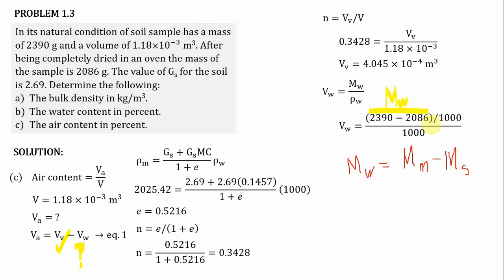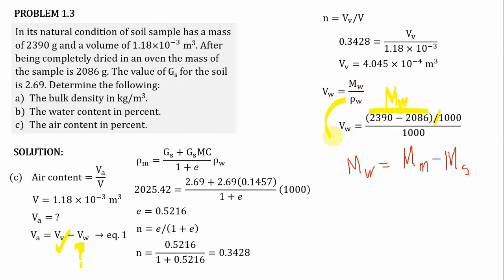Take note that ang unit nito is in terms of grams. So, kung i-convert ko siya into kilogram, i-divide ko muna siya ng 1,000. That's why mayroong divided by 1,000 dito, in grams, divided by the density of water.